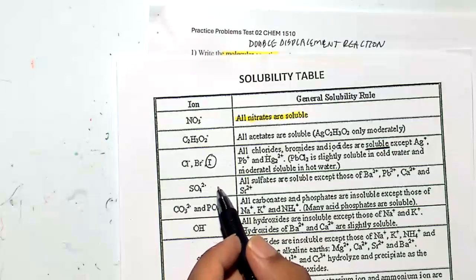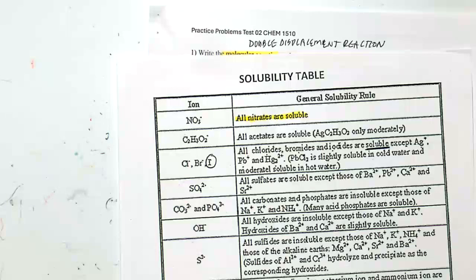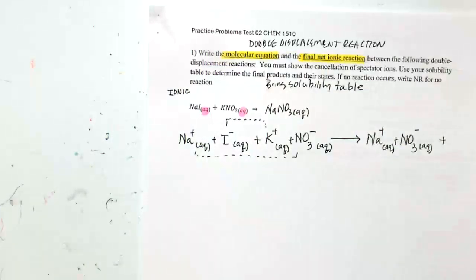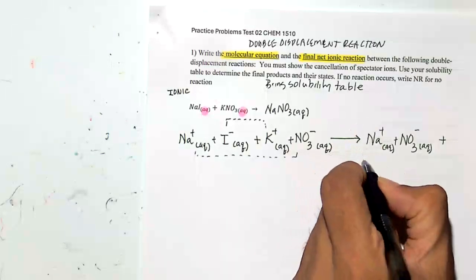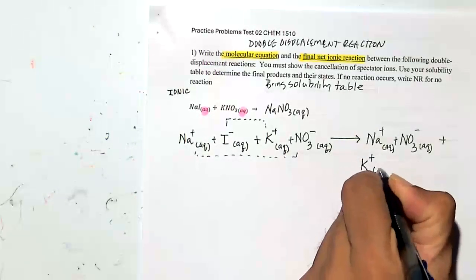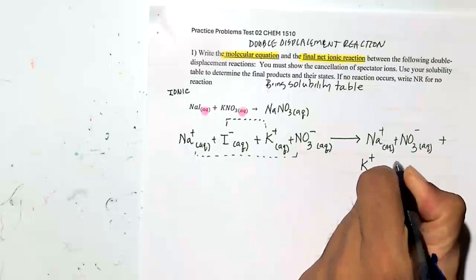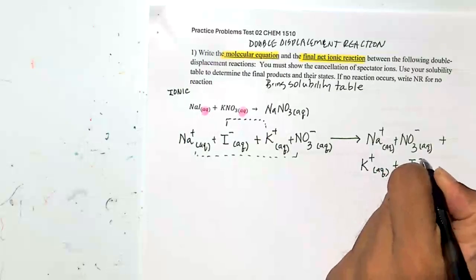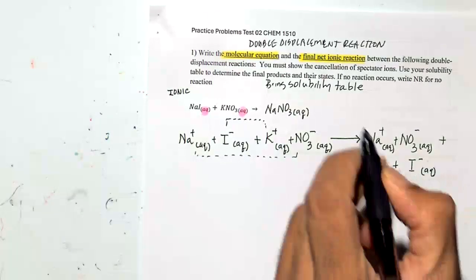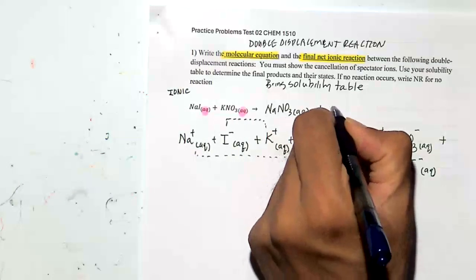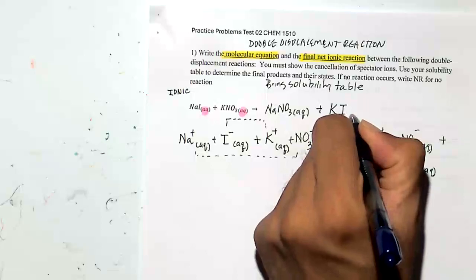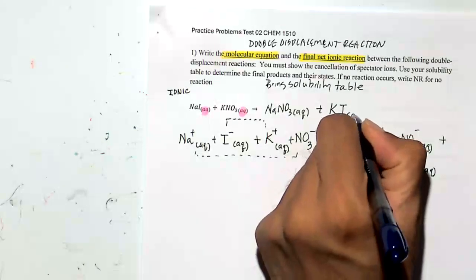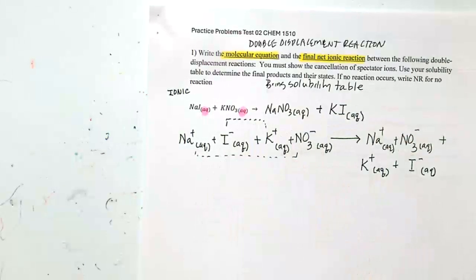So would this be soluble or insoluble? Soluble? So if it's soluble, this is interesting. We never came across this in our lecture notes. This too will be broken down into its ions. So we have NaNO3 aqueous plus potassium iodide aqueous.